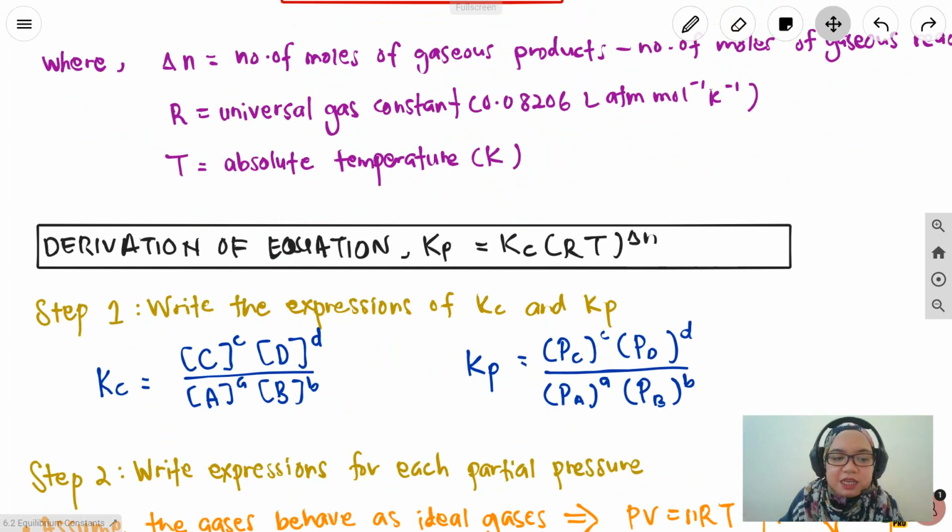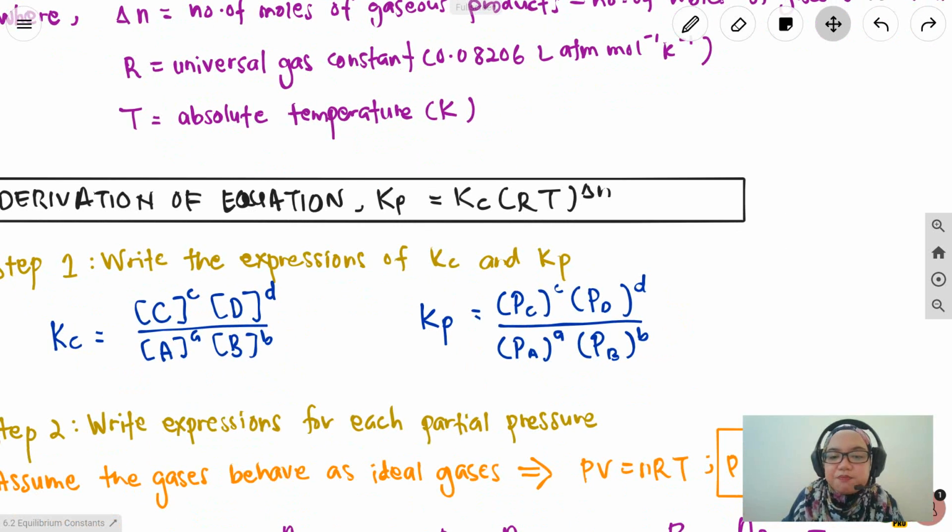So for Kc, it is equal to the concentration of C to the power of small letter c times the concentration of D to the power of small letter d, over, so this is product, over the reactant, concentration of A to the power of small letter a times the concentration of B to the power of small letter b. So this is how you write the expression of the equilibrium constant in terms of concentration.